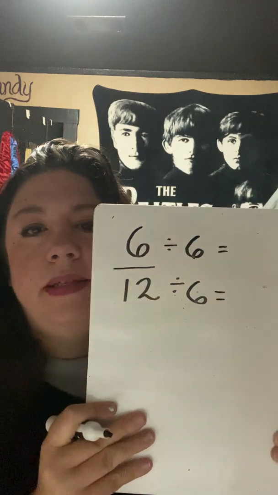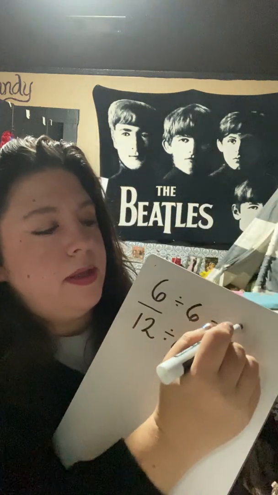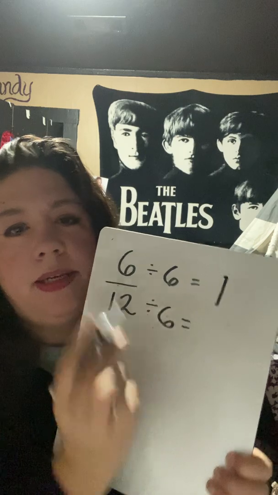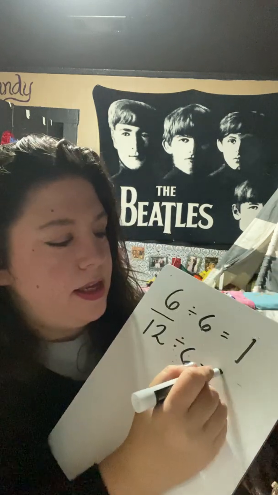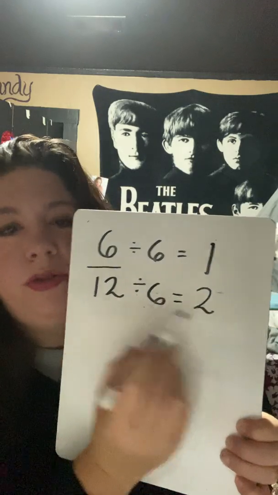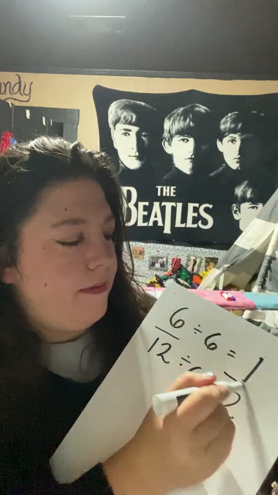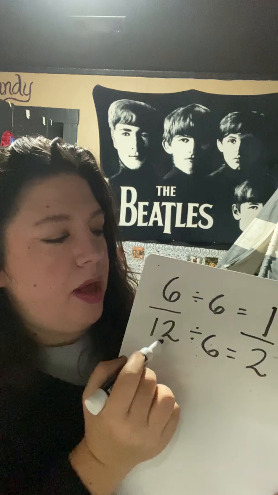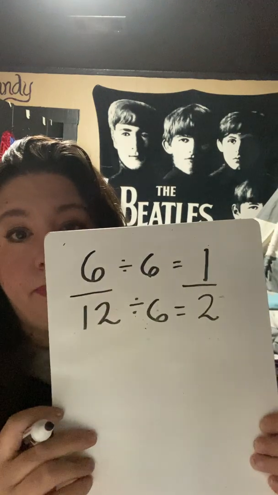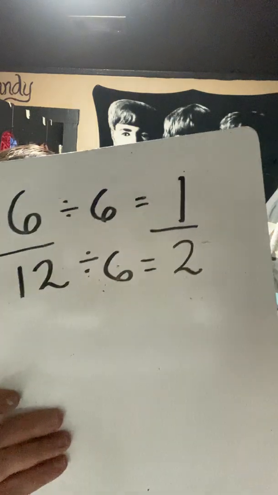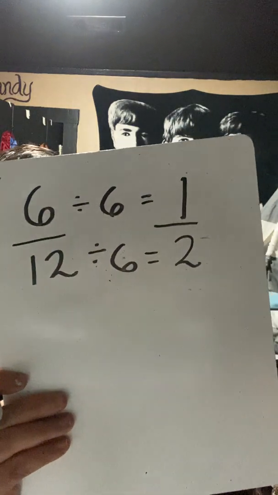Six divided by 6 is 1, because 1 times 6 is 6. And 12 divided by 6 is 2, because 2 times 6 is 12. So 6/12 is equivalent to 1/2.